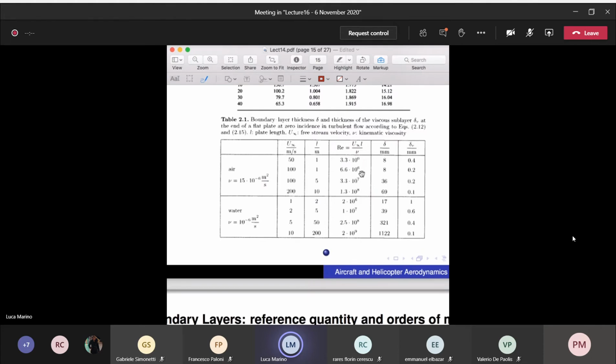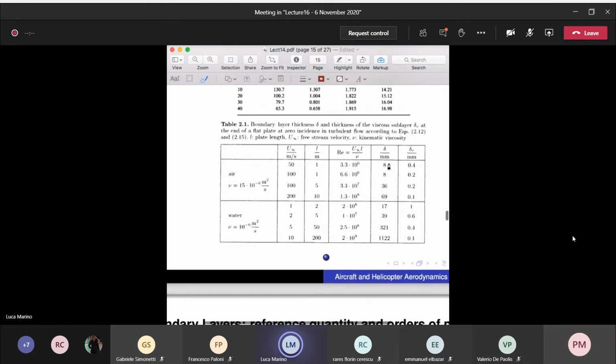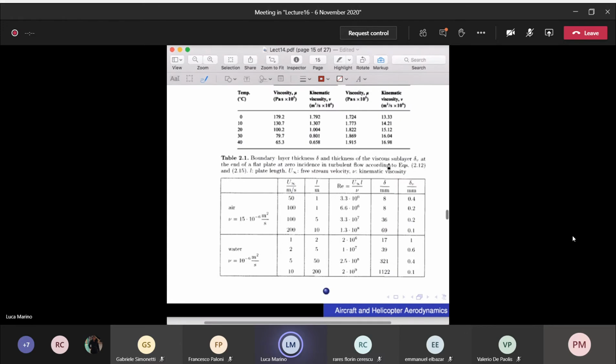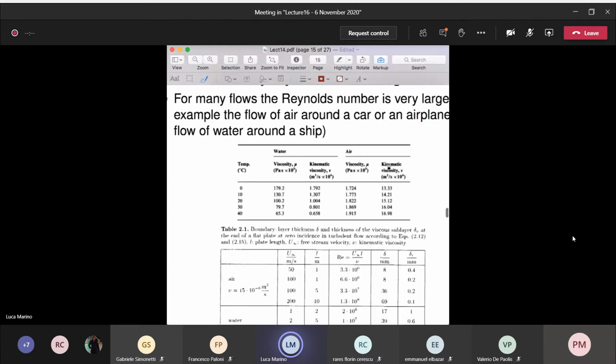If the Reynolds number is 10 to the 6 or 10 to the 7 or 10 to the 8, we are in the right position to say that delta is much smaller than L, and so it's correct to split the two quantities. If the Reynolds number is 1, the two values will be the same because they are related by this equation here.